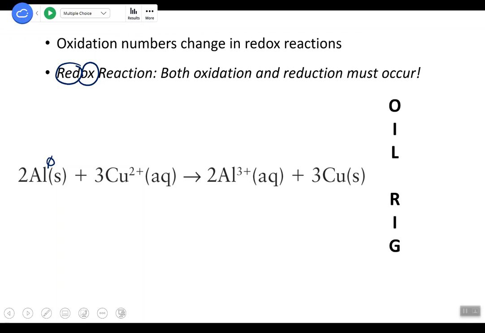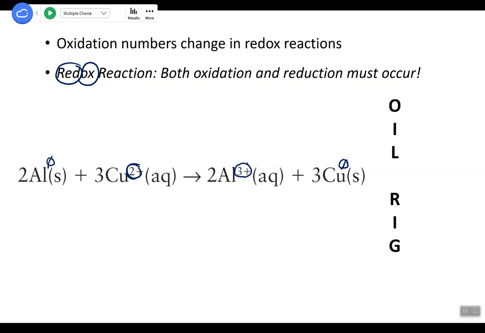So aluminum is going from an oxidation number of 0 to +3. The charge is also the oxidation number. Copper 2+ is going from +2 down to 0. So I like to think of oxidation numbers like a thermometer scale.